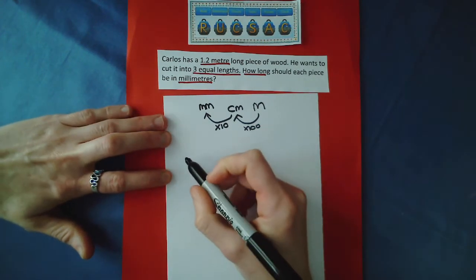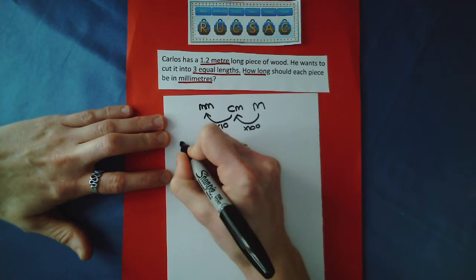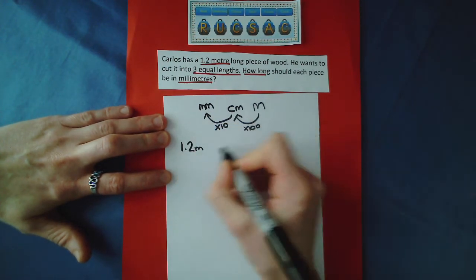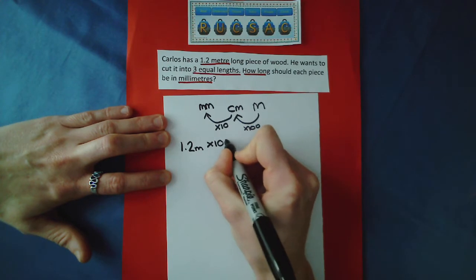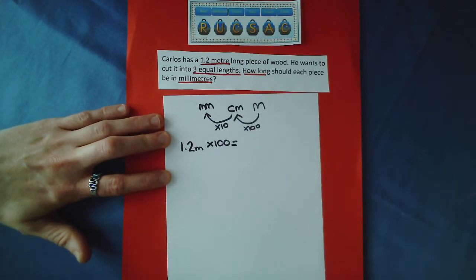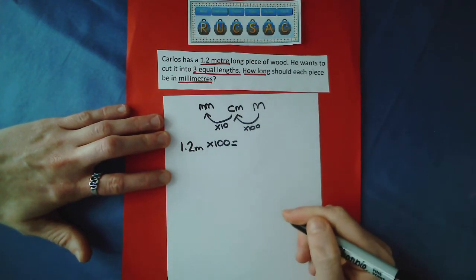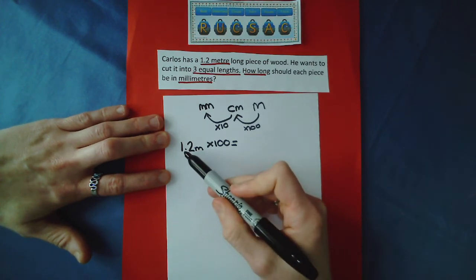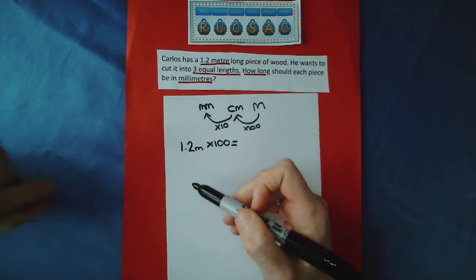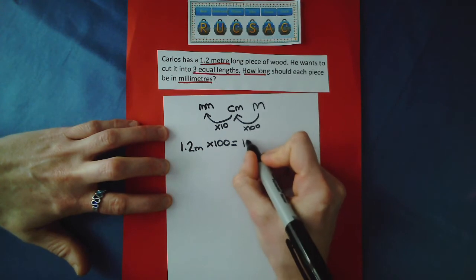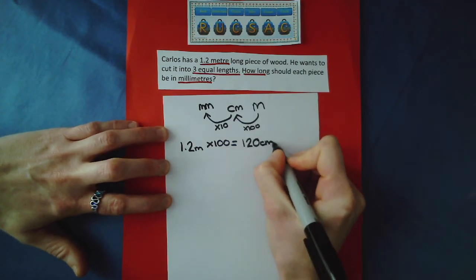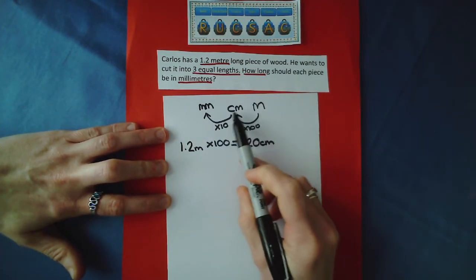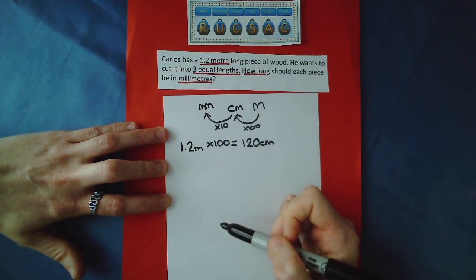So let's start with 1.2 metres times by 100. What's 1.2 times by 100, year 4? Yeah, so we need to move 2 places to the left. So that will be 120 centimetres. So now we've got our centimetres, we need to convert to millimetres.